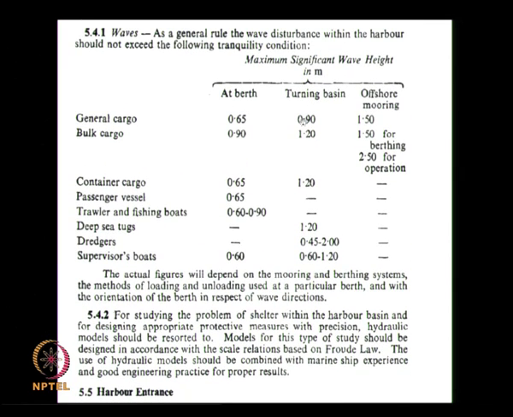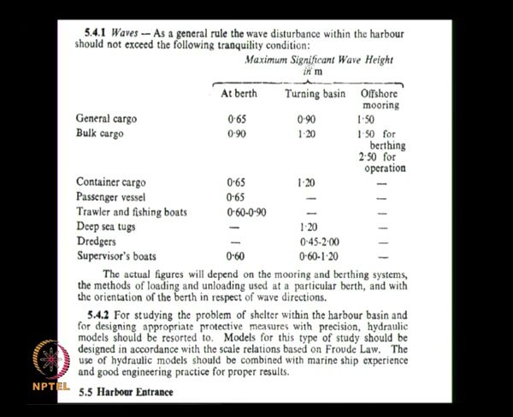See, another important thing for design of navigation channel as well as the berth is what is the wave disturbance. This wave disturbance within the harbor should not exceed the following tranquility conditions. Here we call one parameter of the wave, that is the maximum significant wave height in meters.